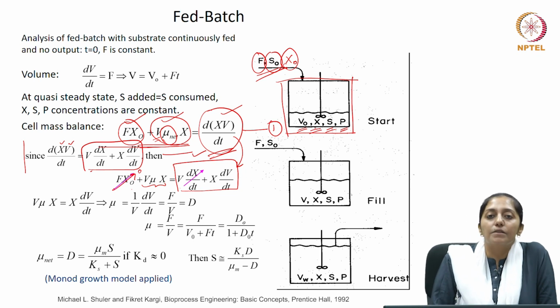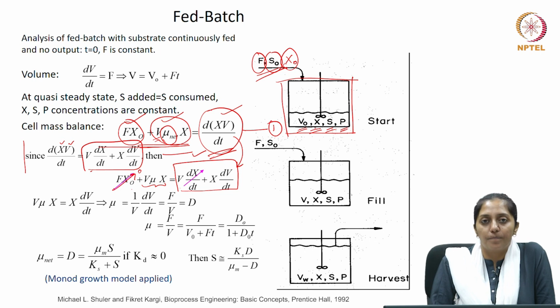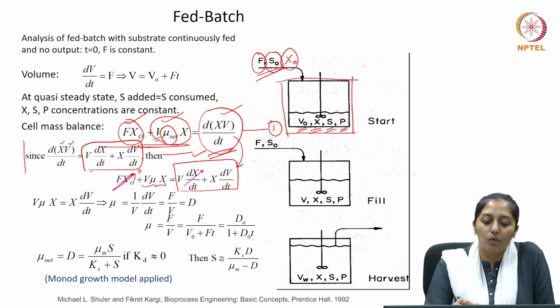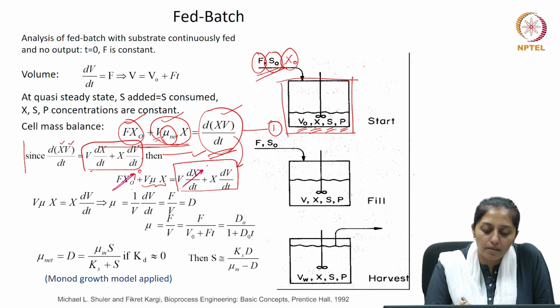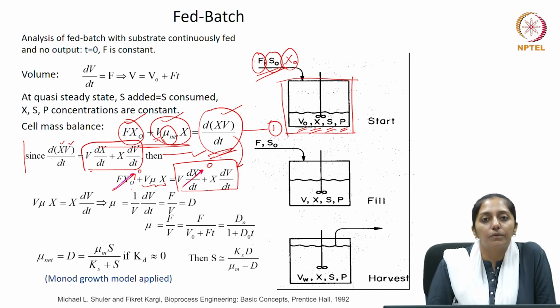Now here we are assuming quasi steady state. Steady state would mean that X is not changing with time. So at quasi steady state, this term will also go to 0, and the second term remains, which is X dV by dt.